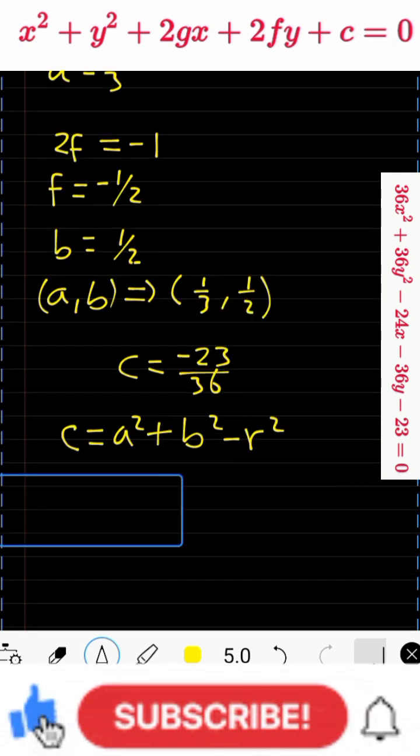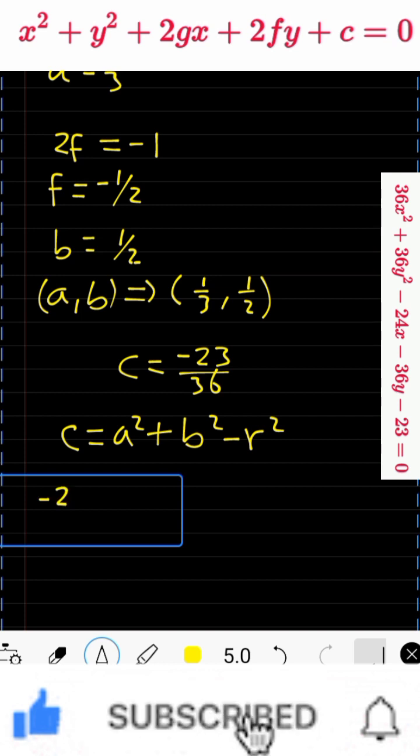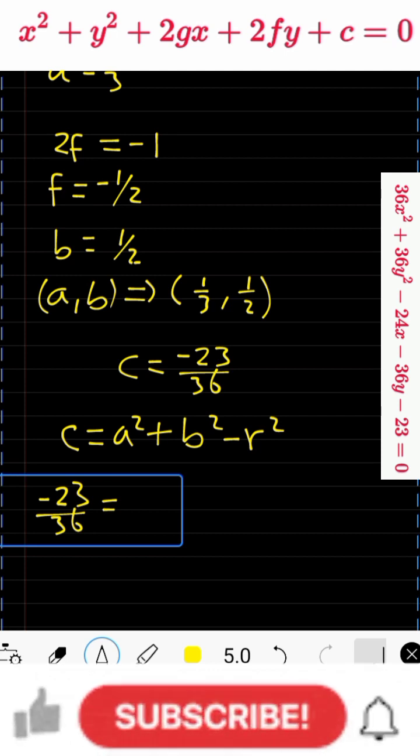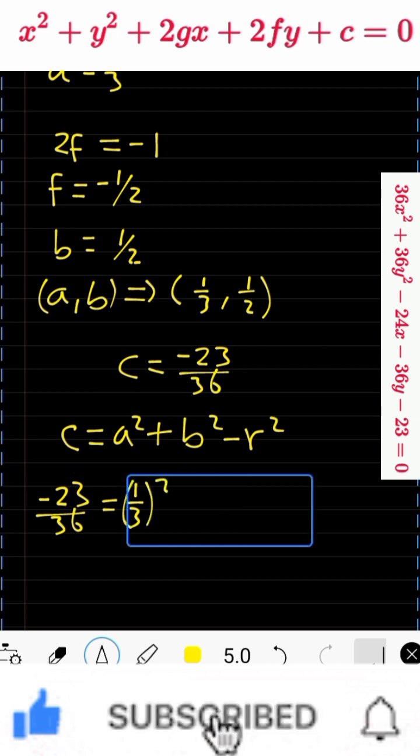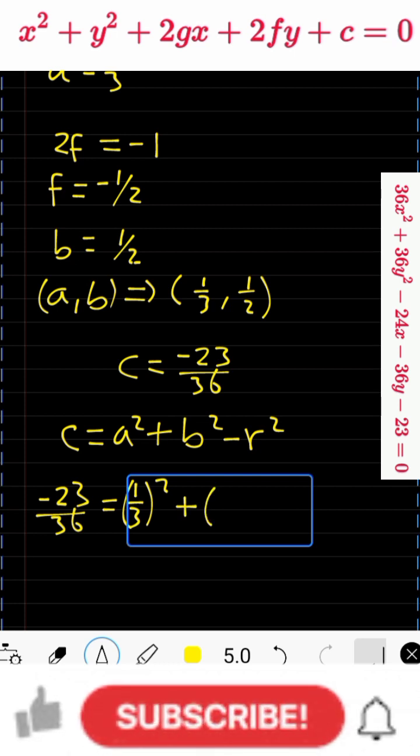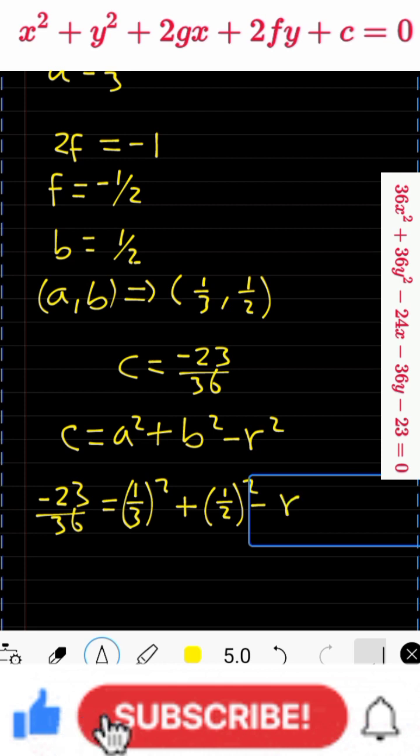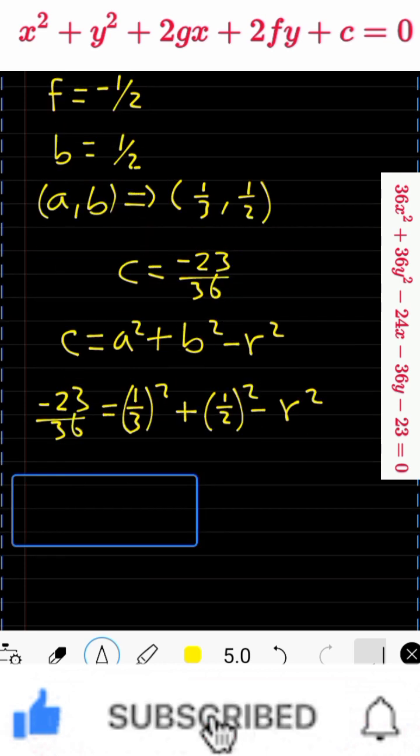So we have our a, we have our b, we have our c. Therefore, minus 23 over 36 is equal to, a is 1 over 3, 1 over 3 squared, then plus b is 1 over 2 squared, then minus r squared. So let's simplify this further.